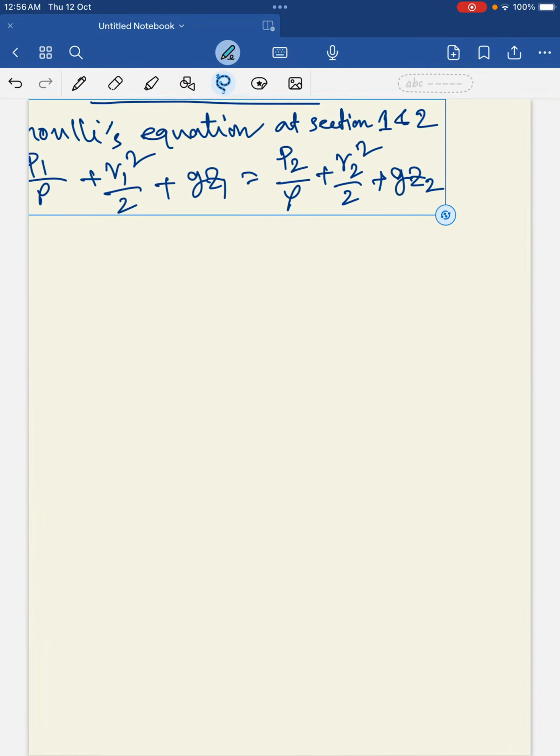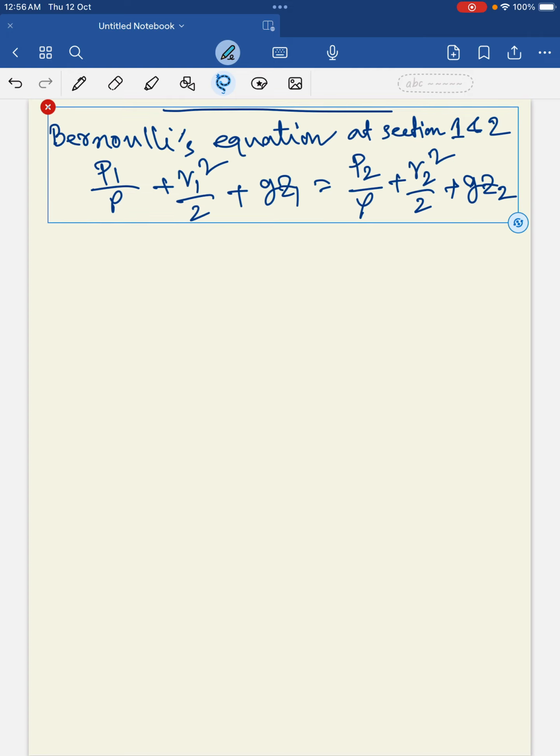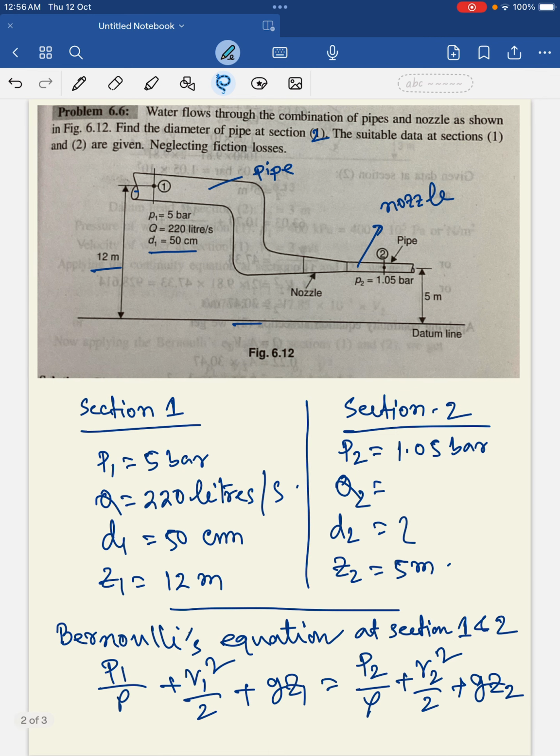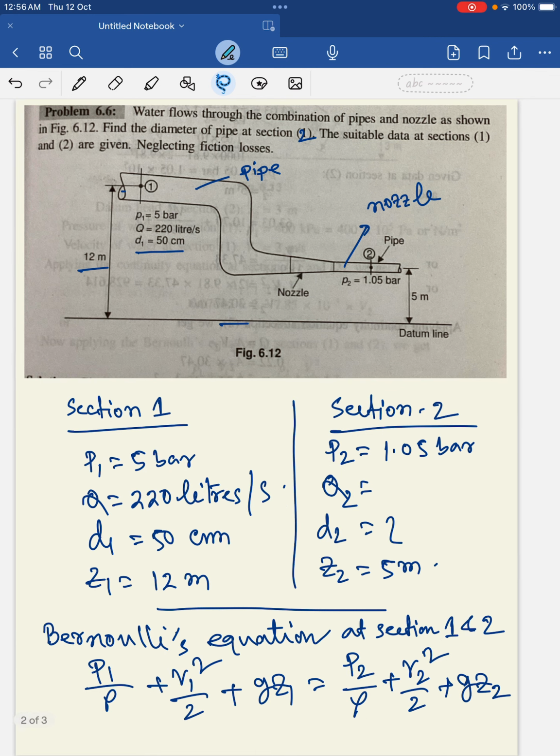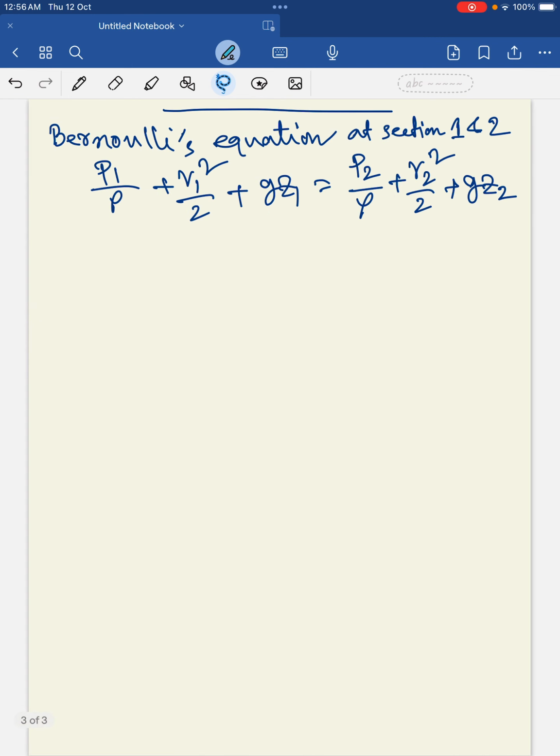So this is the Bernoulli equation we wrote. Now if you see here, P1 is known, V1 square is not known, and Z1 is known. So this is known, this is known, this is known, this is known.